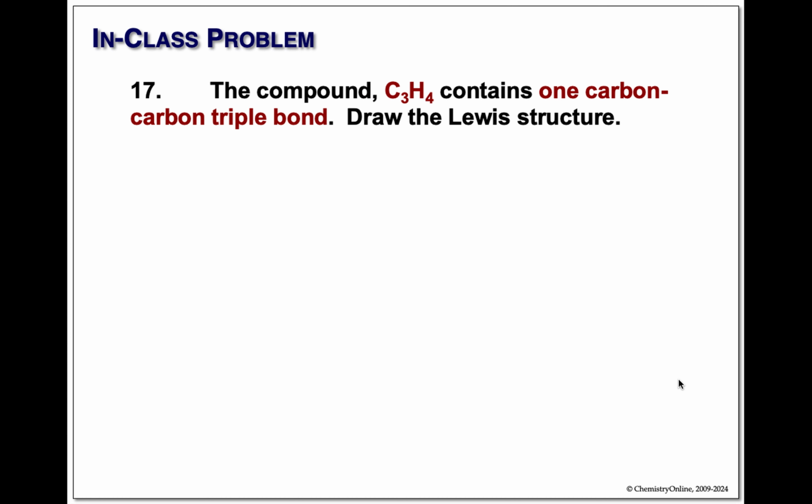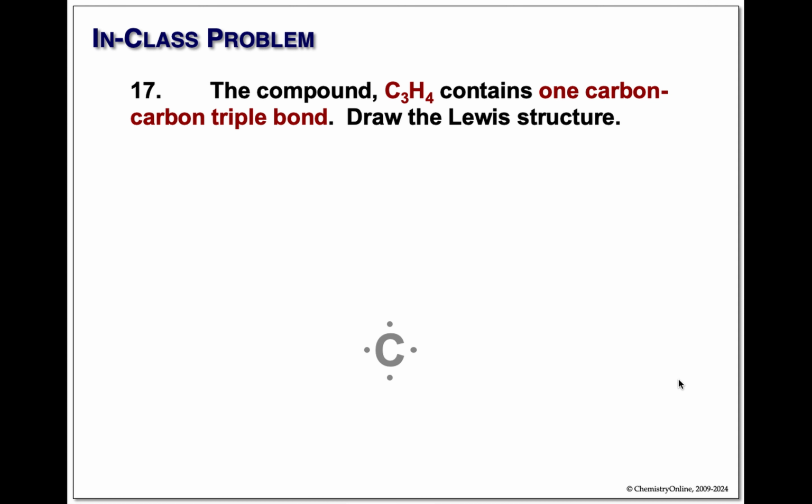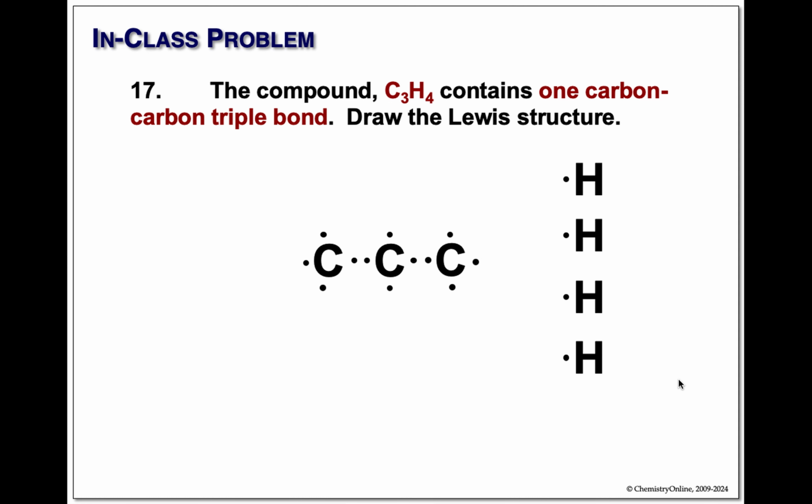Okay. Carbon is here in group 4, hydrogen group 1, so carbon has 4 valence electrons, and hydrogen has 1. This is the way I do it, so it's kind of by inspection. Here are my carbons. They're the hydrogens. We have one carbon-carbon triple bond.